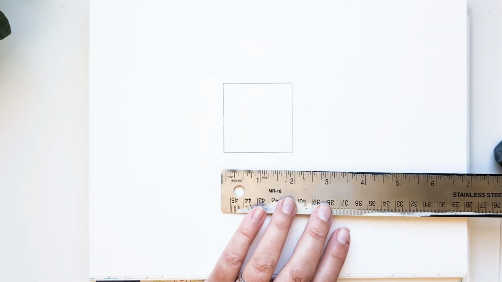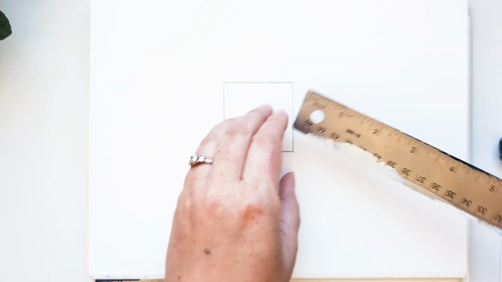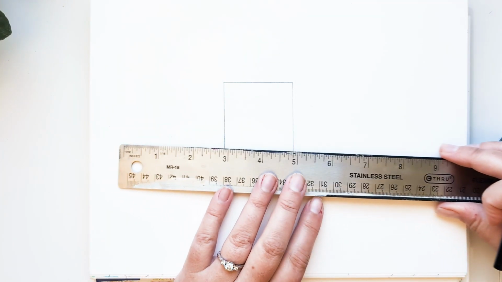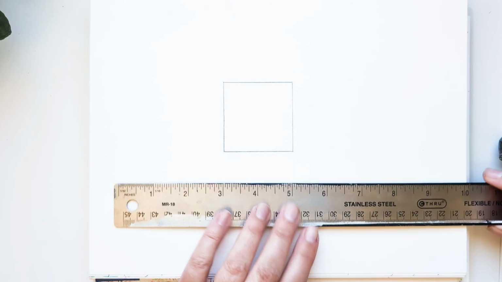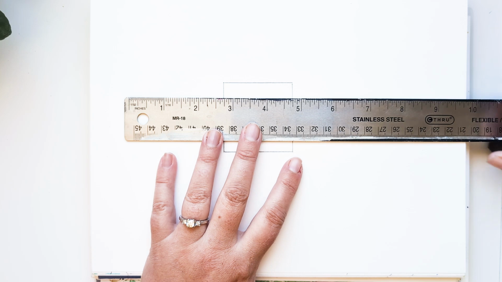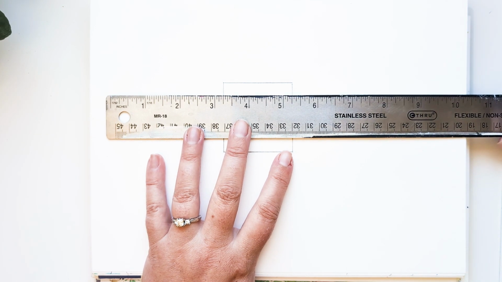So you're going to do another 2-inch square, but you're going to make it off-centered somewhere, off the corner of one of these sides. So maybe I'll start at the top because that makes it easier for my brain. I'm just finding my 2.